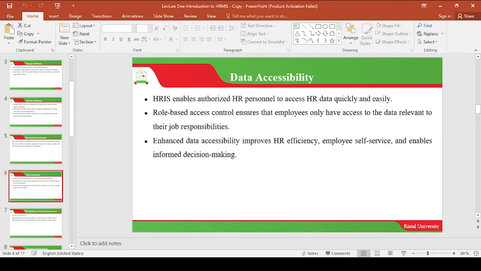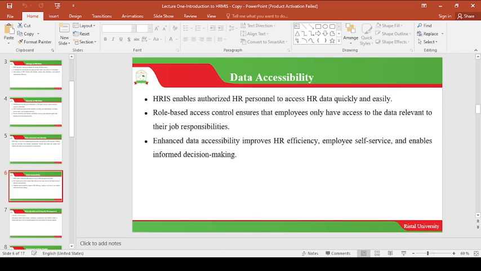So we need to make sure that everyone has access only to his or her own information, to avoid leaking confidential information of other employees in the organization.